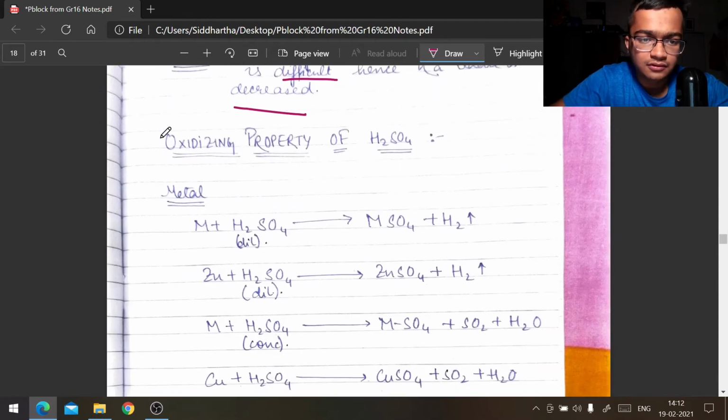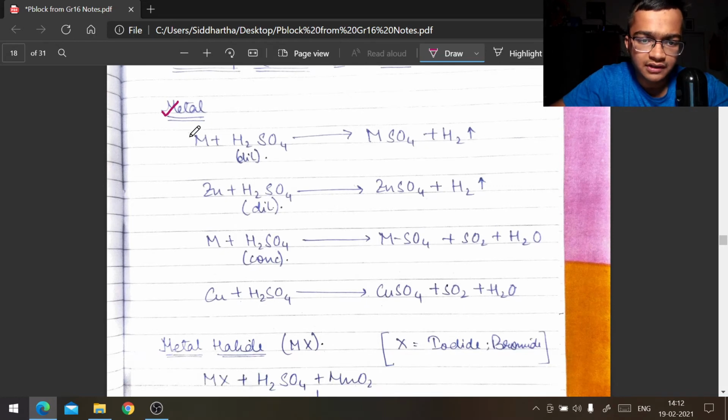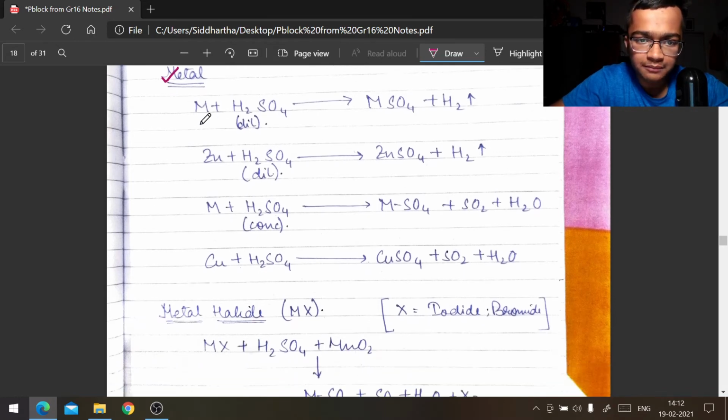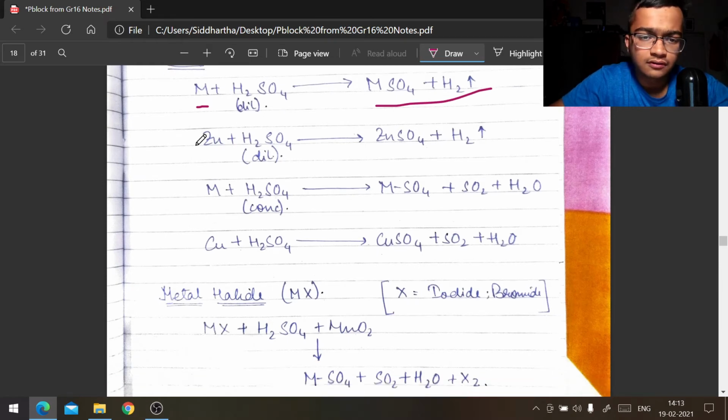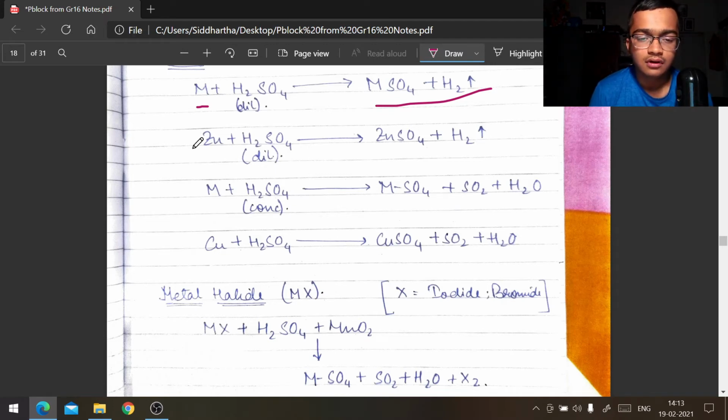Next, coming to the oxidizing property of H2SO4. H2SO4 is a strong oxidizing agent, I have already mentioned. So let's see what is happening here. M means metal, so the layout of the reaction is similar to this. When you take Zn plus H2SO4, you obtain ZnSO4 plus H2. Now H2SO4 in this case is dilute, okay, and for concentrated, you get metallic sulfate, sulfur dioxide and water.